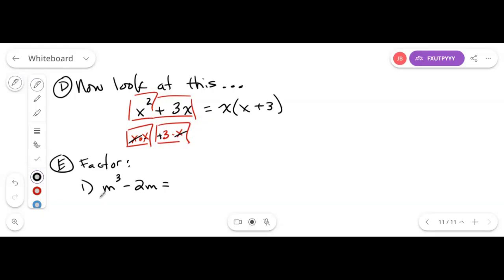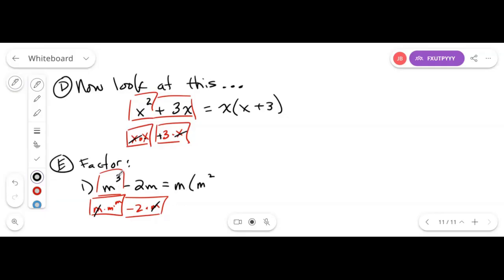Okay, yes. This box has m times m. This box has -2 times m. I can take 1m out of both boxes. I'm left with m times m, which is m squared.